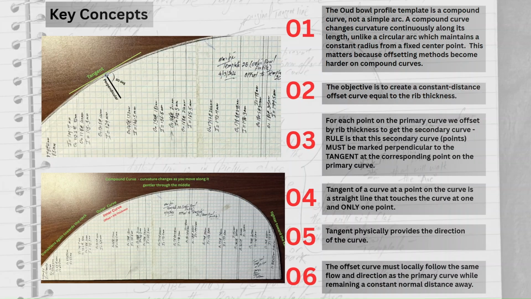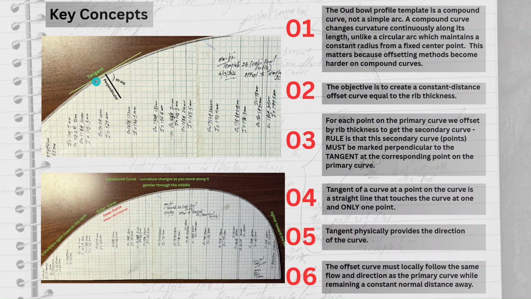The reason it's important is because one of the key rules to get the secondary curve is that you must mark the point on the secondary curve corresponding to this local point on the primary. It must be marked perpendicular to the tangent at that local point.